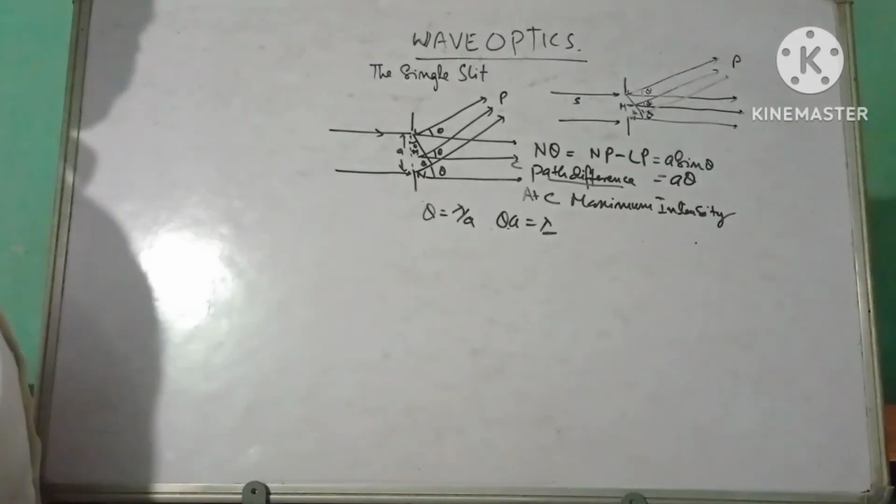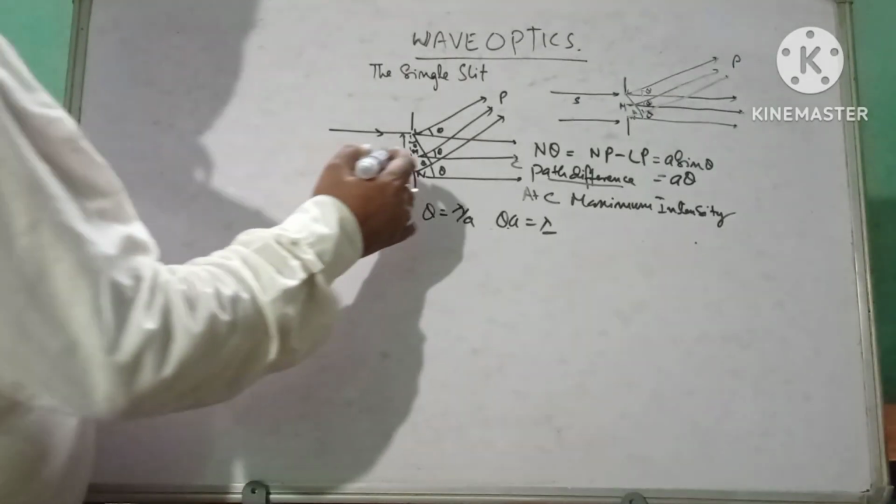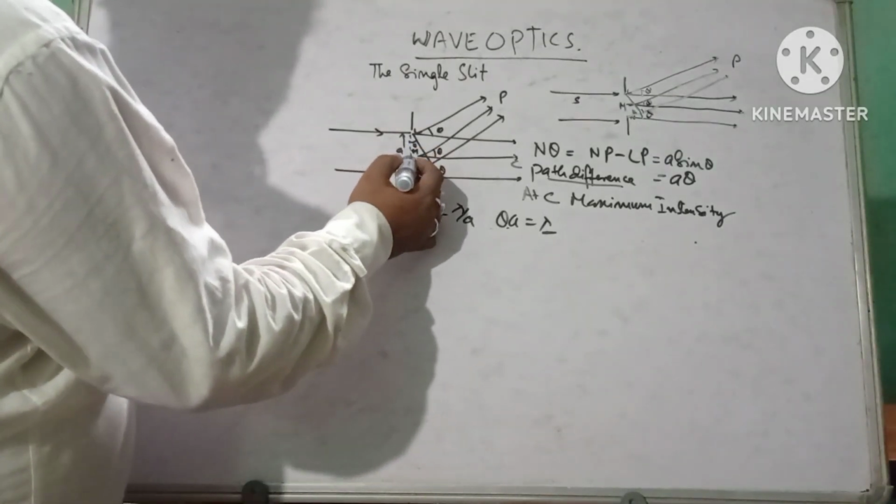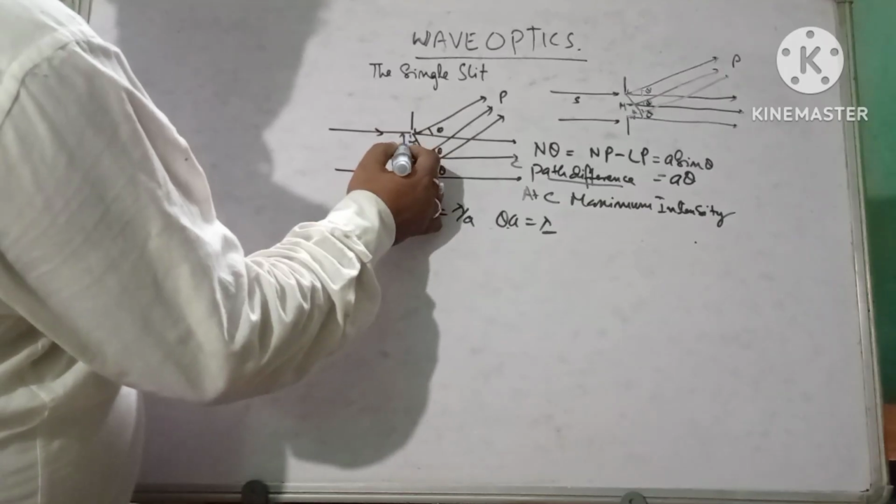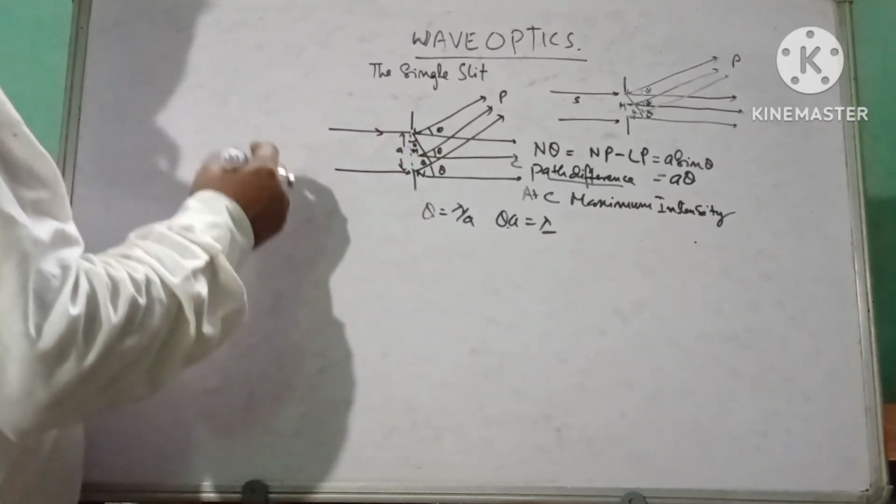So what happens if we take two points, M1 and M2? Let me draw it again.